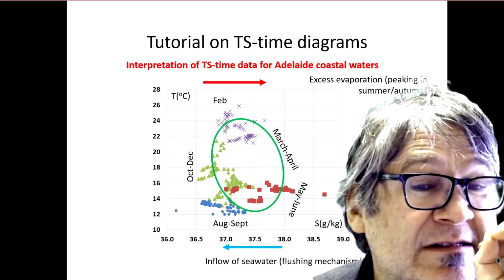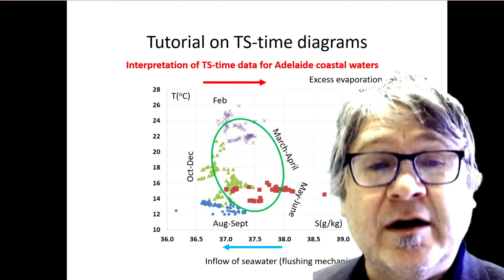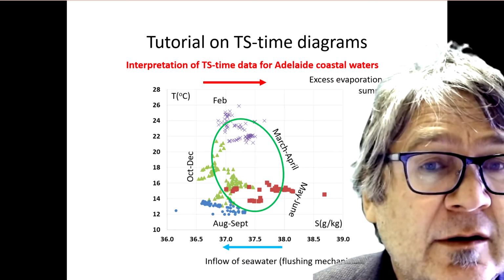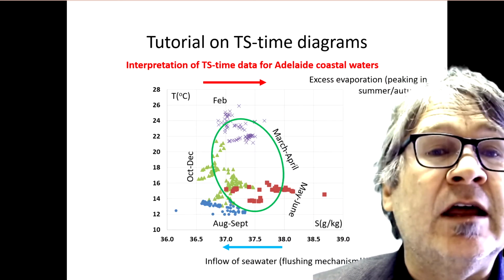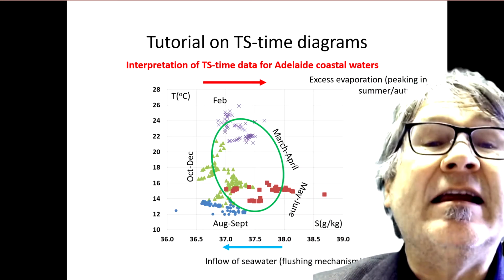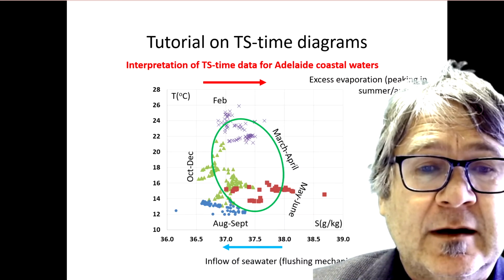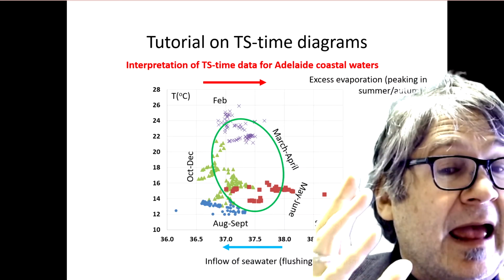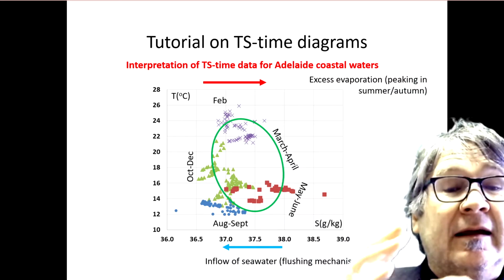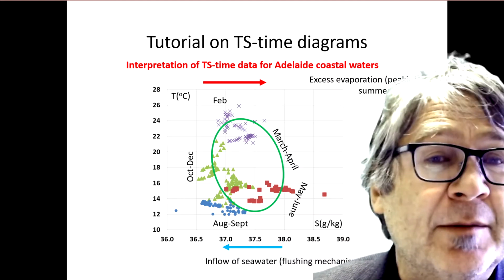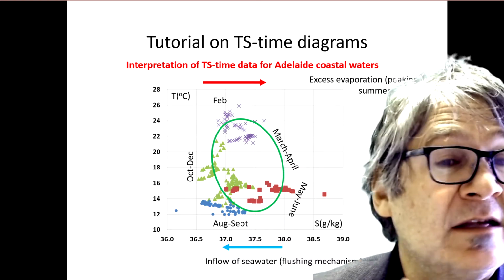Okay, so salinity and temperature diagrams not only give you information on T and S ranges, they also give you information on the dynamics, on horizontal flows. All right, and by the way, here you can directly read off maximum, minimum temperature and salinity value.